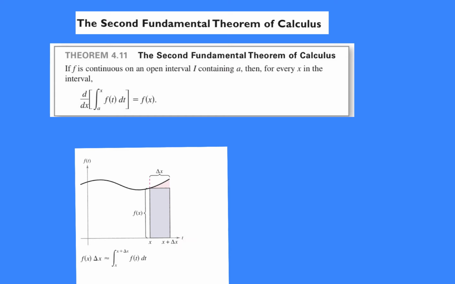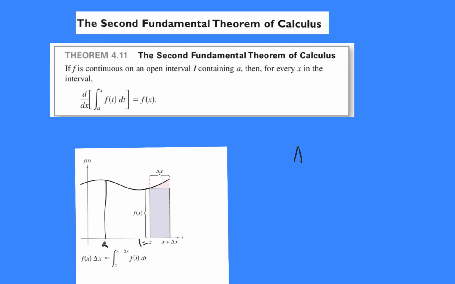This point is when t equals x. So the x is moving, so the t is moving. When the t is moving, the area between a and x is changing.